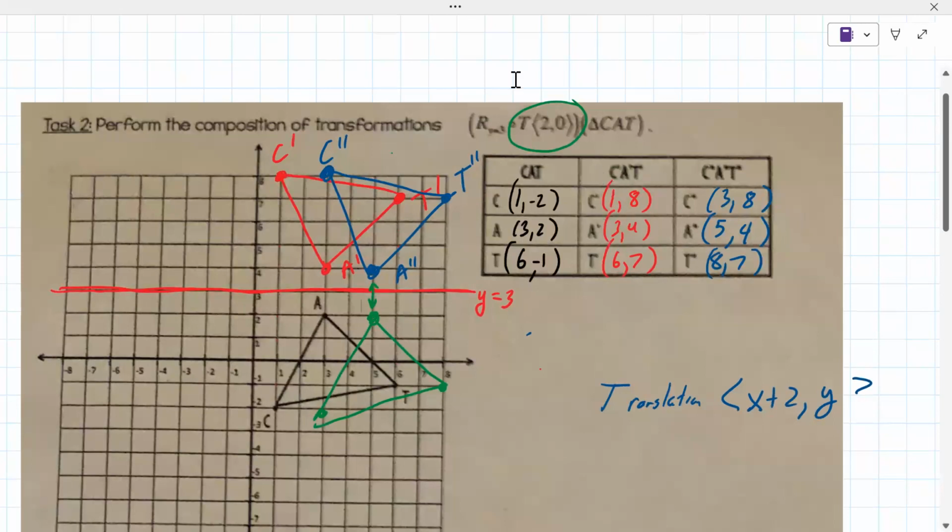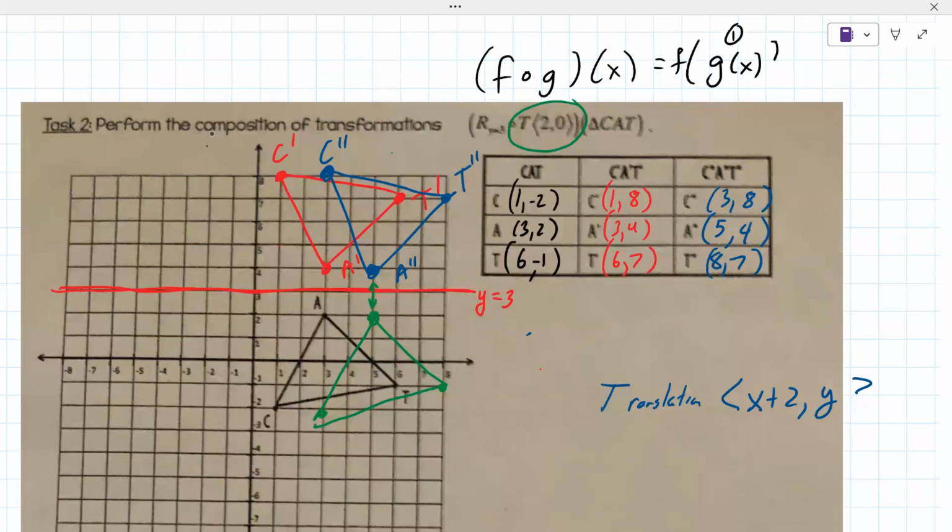I would just double check. What I'm seeing here now is that this is like f bubble g of x, which means you do g of x first and then f of that second. Is that somewhat reasonable? Yeah.